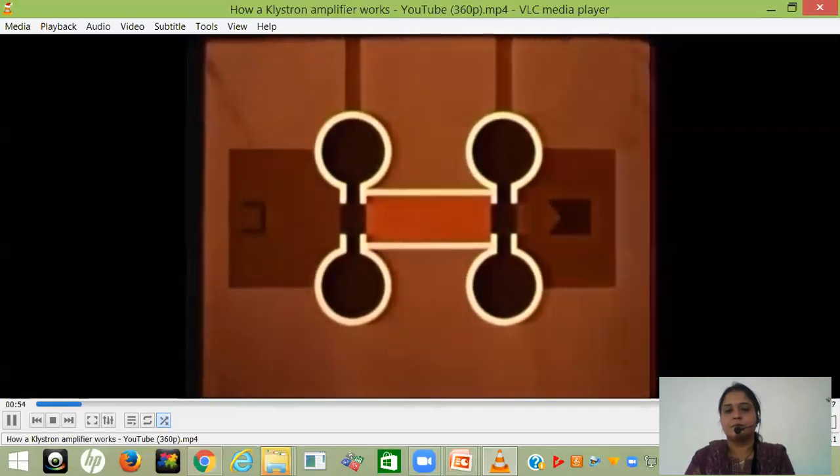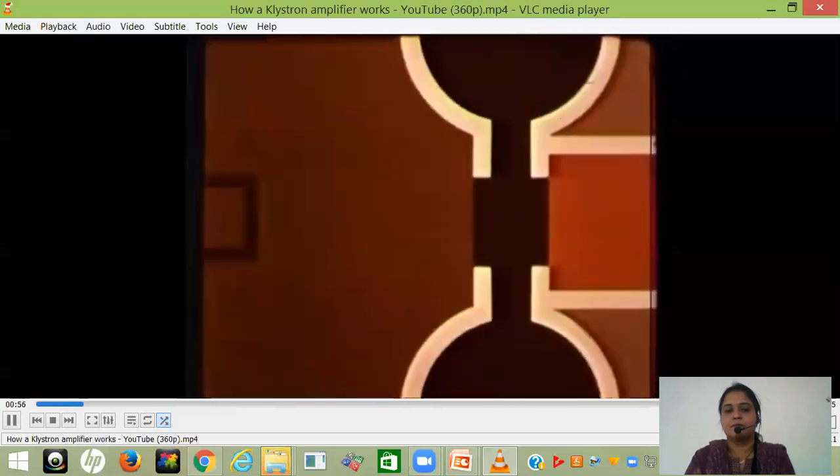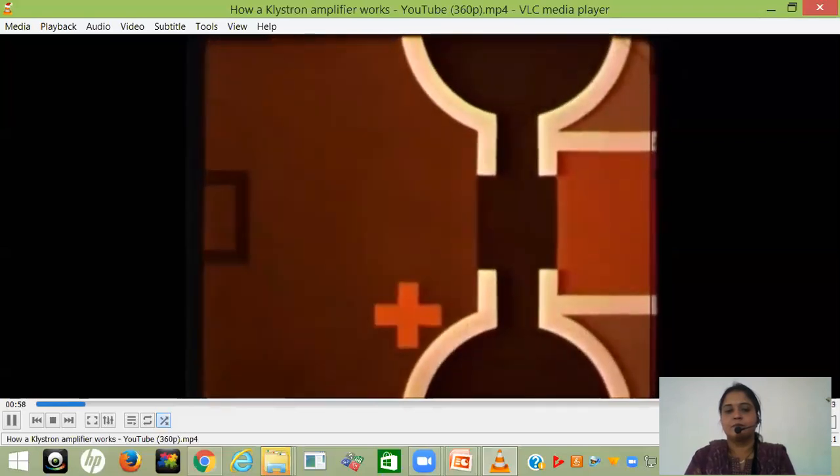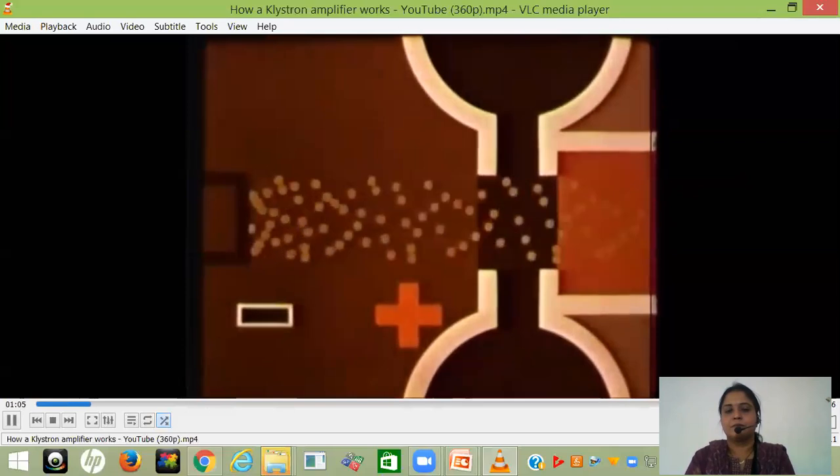The cavity resonators have a potential which is positive with respect to the cathode. Thus, the electrons emitted by the cathode are accelerated towards the first resonator.